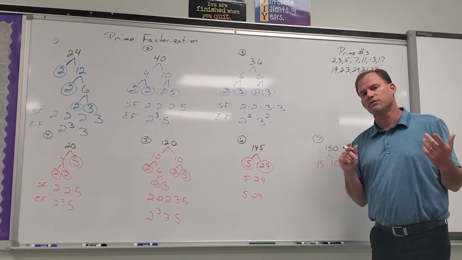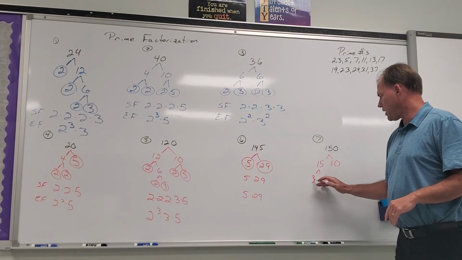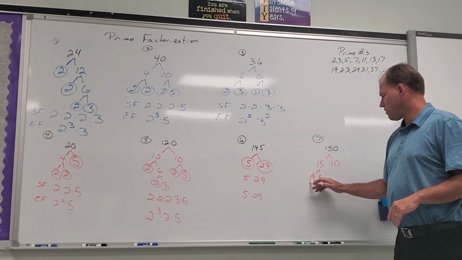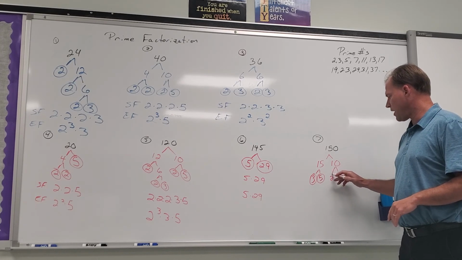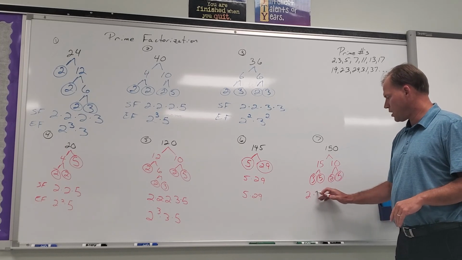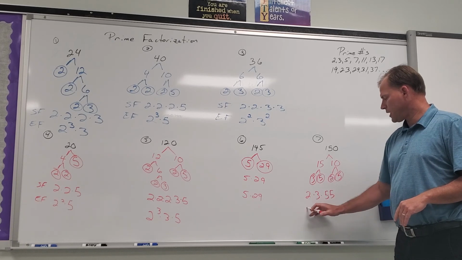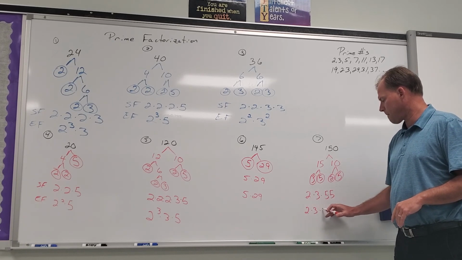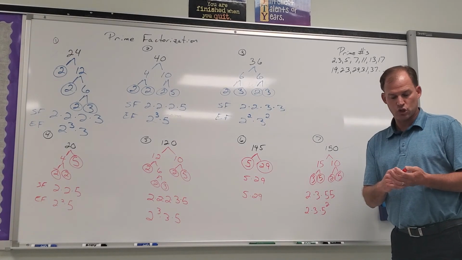Nope. So what goes into 15? Very good. 3 and 5. Both are prime. 10 is 2 and 5. We've done that plenty of times before. So I've got a 2, a 3, and 2 5s. In exponential form, 2 times 3 times 5 squared.